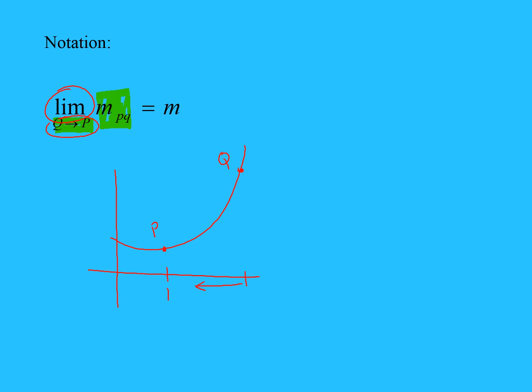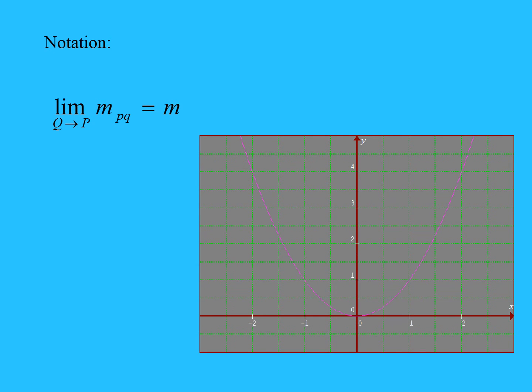So that's what this piece right here means. Q is approaching P. Well, what happens if we found Q approaching P, the slope of that secant line was getting closer and closer to the slope of the tangent line. So if we take the limit of the slope of the secant lines as Q approaches P, we will get the slope of the tangent line. So that's the notation that we will be using when we're working with limits.